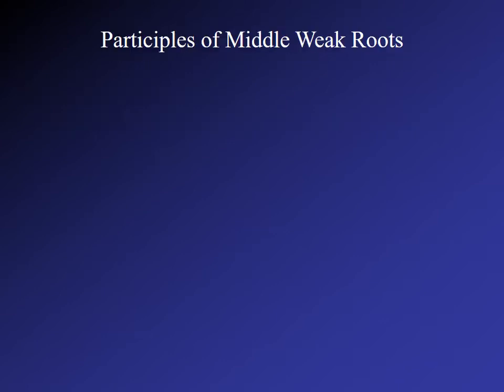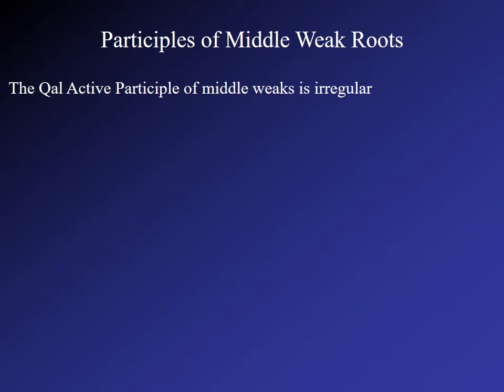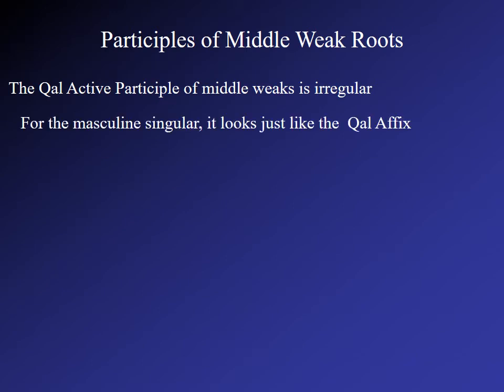Okay, one last point about participles. As you can imagine, participles of middle weak roots are irregular. You've come to expect by now that most second vav or second yod middle weak roots are irregular in most forms. The qal active participle is no exception. The good news, which is also bad news, is that for the masculine singular, the participle of the qal active looks just like the qal affix.